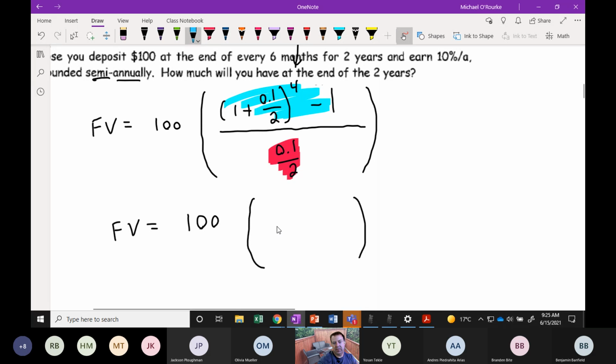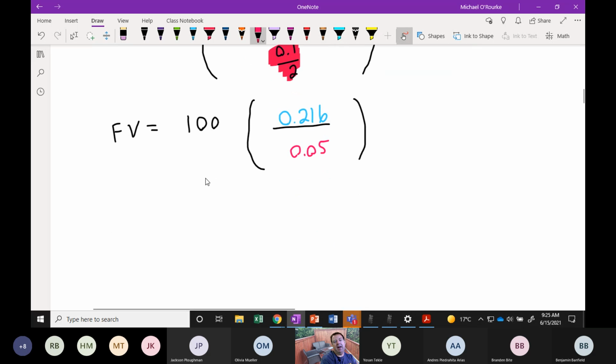So this would be 0.216 over, now I just know 0.1 divided by 2 is 0.05. Okay? Then after that, what I would do is I would do this calculation first and then times it by 100.